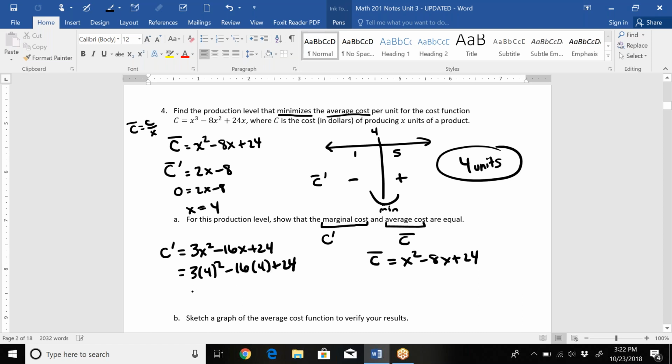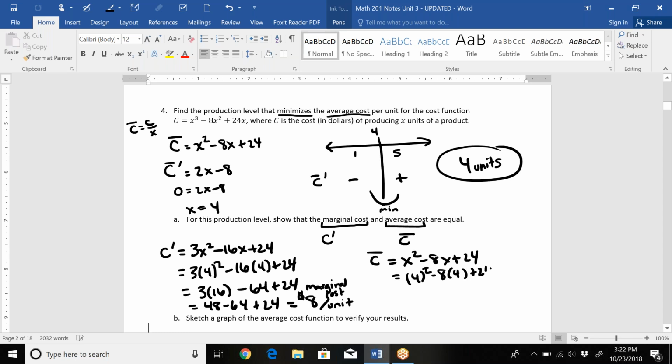Over here, this is 3 times 16 minus 64 plus 24. That is 48 minus 64 plus 24, which gives us a marginal cost of $8 per unit. If we plug in 4 over here, this would be 4 squared minus 8 times 4 plus 24.